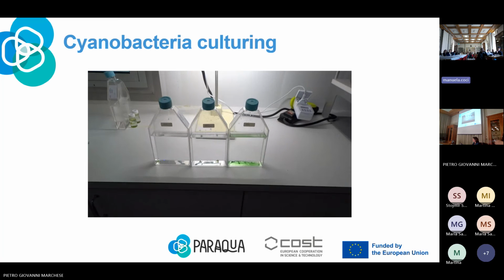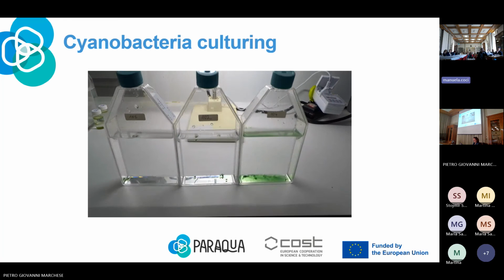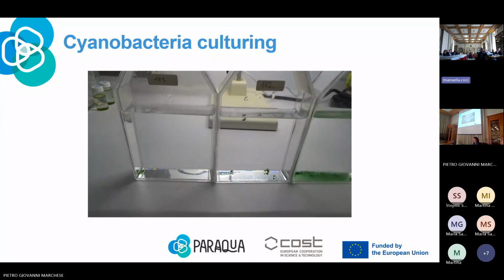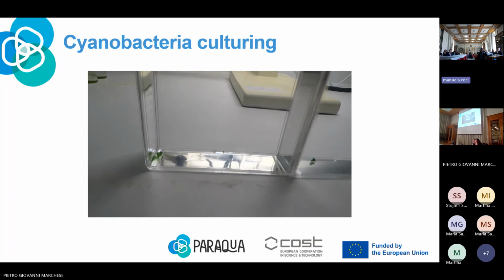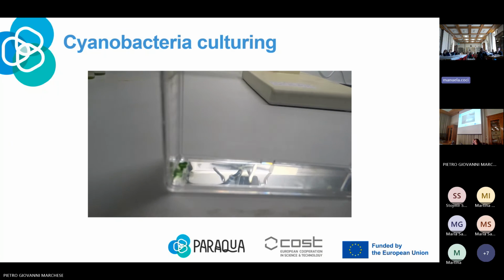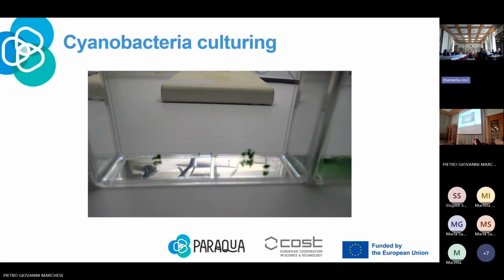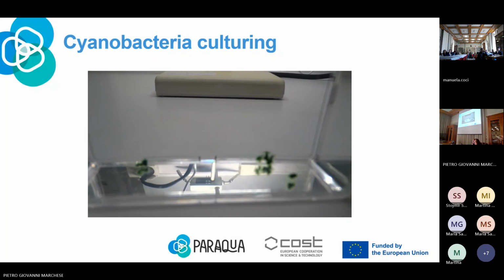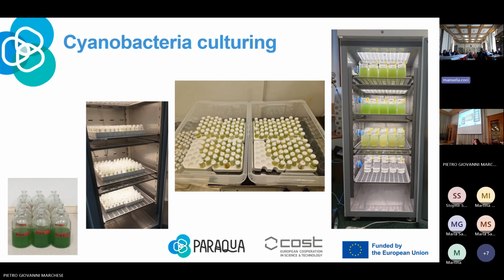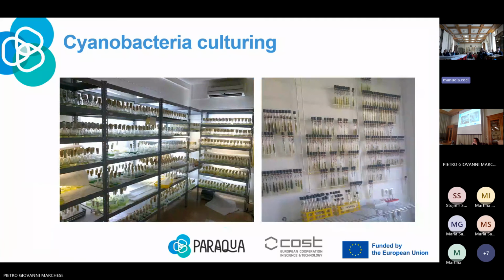Here you have a movie with some polar strains that can grow very slowly in conditions reflecting their natural conditions for growth in nature. And here you have some photos of how our cultivation system at the university looks, and larger collections.